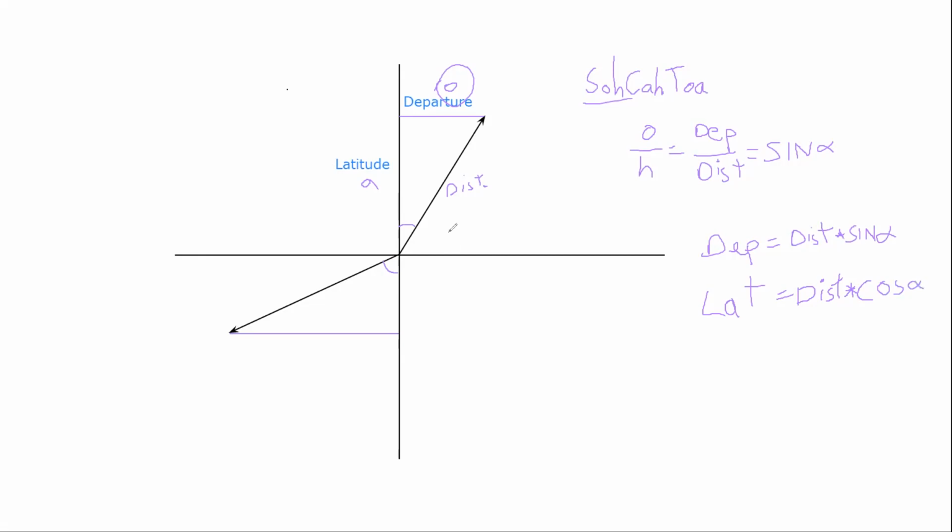I'm going to use alpha as my angle, but yeah. Okay, that's it. So that's why in the spreadsheet, you're always looking at latitude and departure.